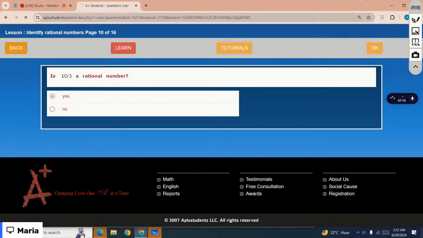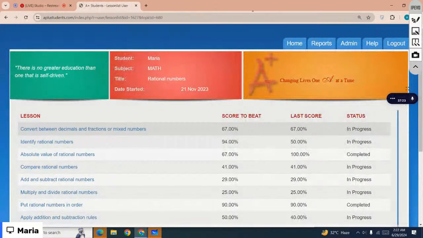And the next lesson is absolute value of rational numbers.